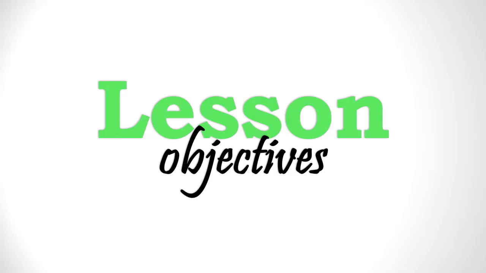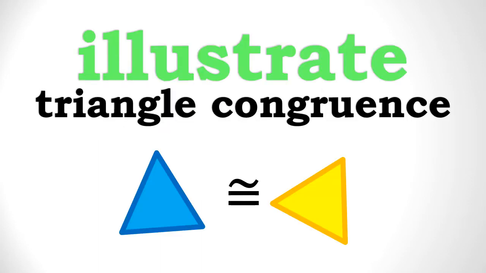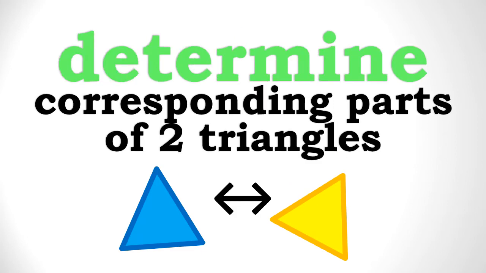So, to help you further understand this concept, we will have two lesson objectives. First is we will learn what triangle congruence is. And next is we will determine the corresponding parts of two congruent triangles.